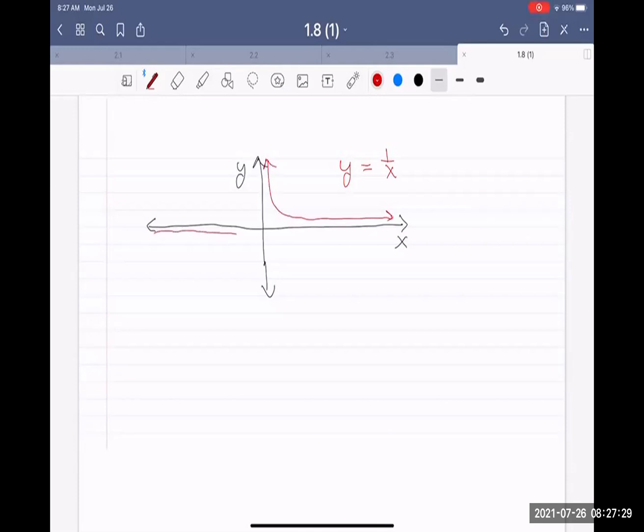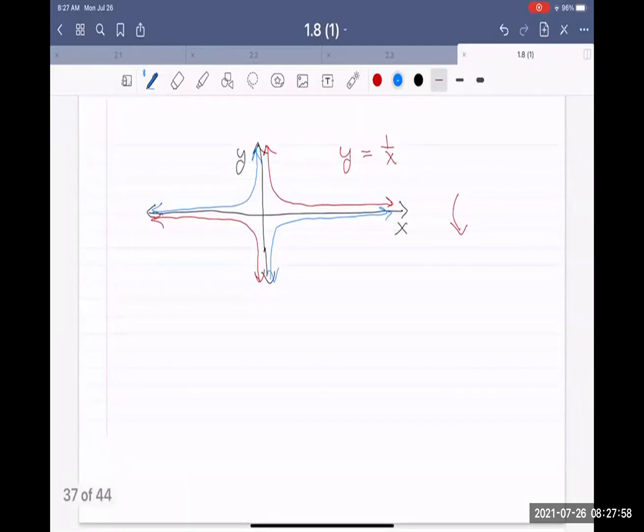The graph of y equaling 1 over x, something like this. And now let's reflect this about the x-axis, in which case, maybe I'll do it in blue. I just reflect about the x-axis. So this is a sketch of y equaling negative 1 over x.